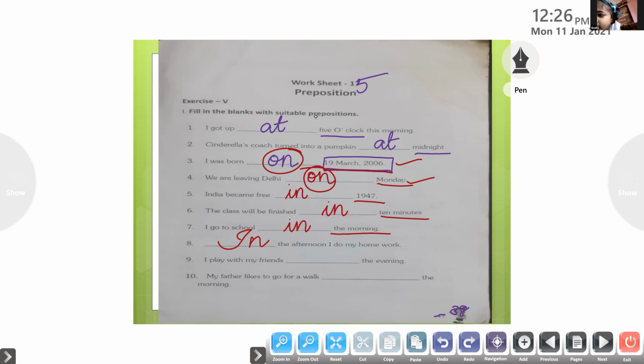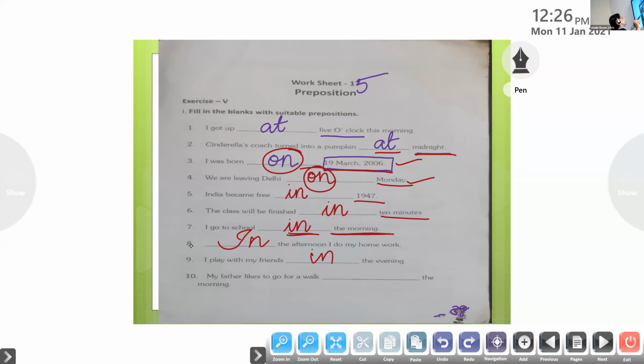Yes, in the evening. So, children, please do note this. Morning, in the morning. Afternoon, in the afternoon. Evening, in the evening. Is that clear? When we speak about midnight, night, and noon, we use the preposition at. Please do remember all these. So morning, afternoon, and evening, we use the preposition in. Is that clear to all of you?